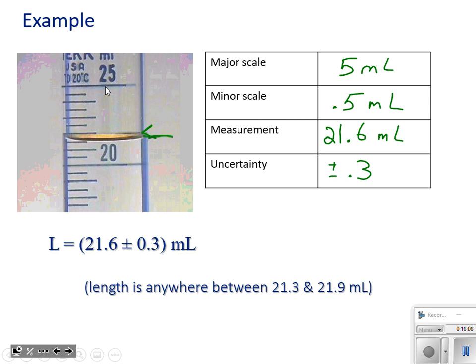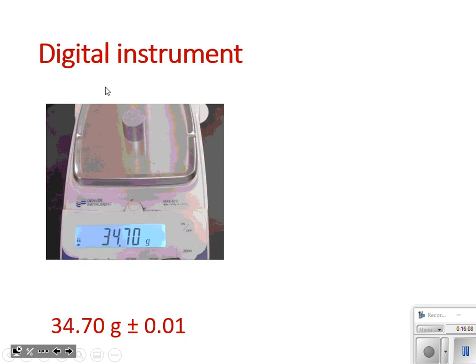Now, we've done a few examples of the analog. Let's go to a digital one here. Now, I can see right here that I am making a reading of this particular cylinder to give me 34.7 grams.